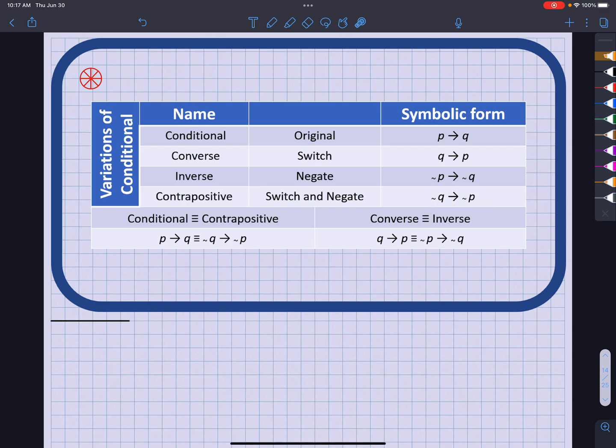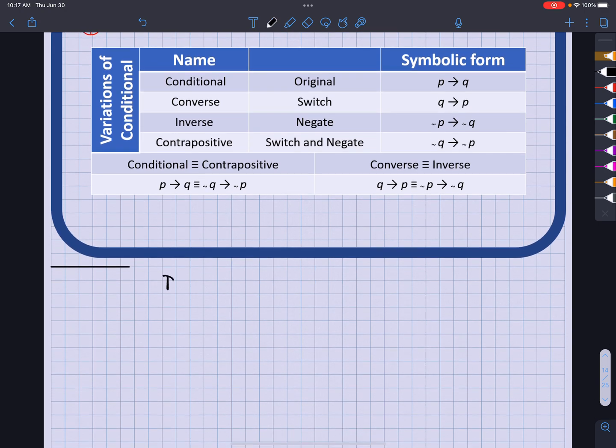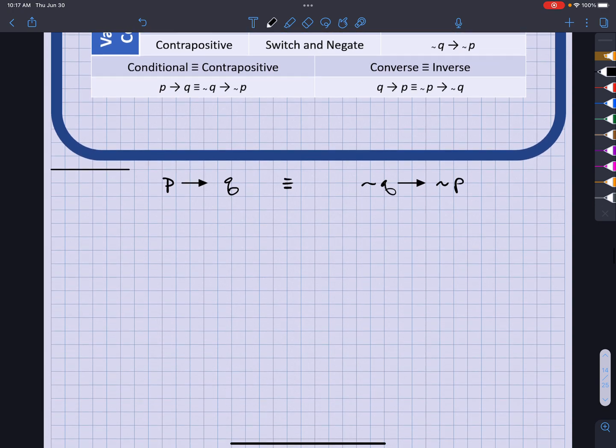Okay. And as you can see here, the conditional is equivalent to the contrapositive, and the converse and inverse are equivalent to each other. Okay. So we can go ahead and prove that P then Q is equivalent to not Q, then not P. Okay, so let's go ahead and draw our table.